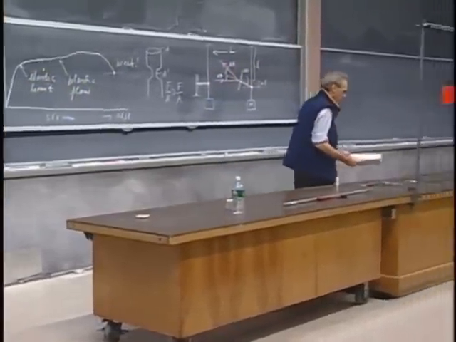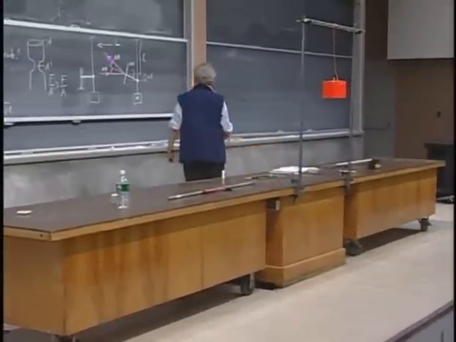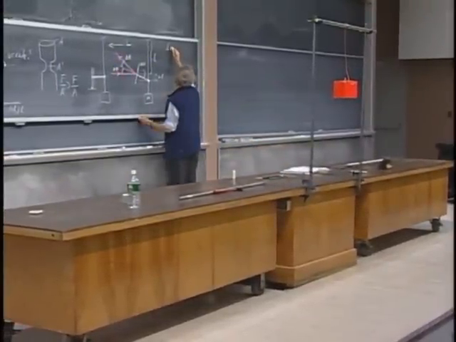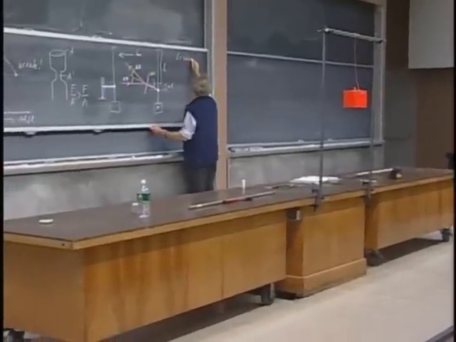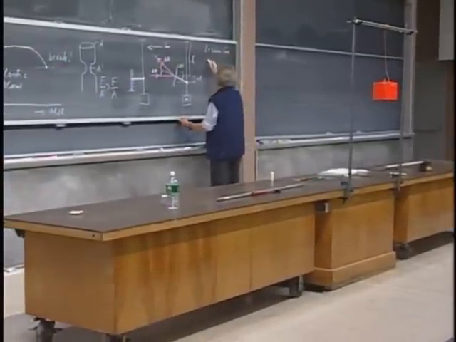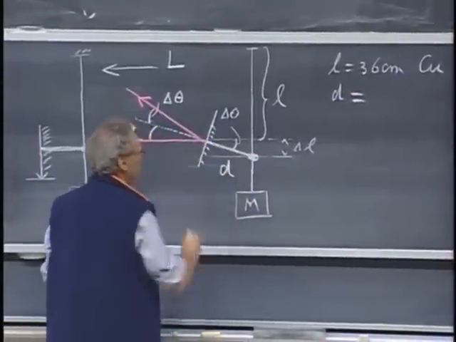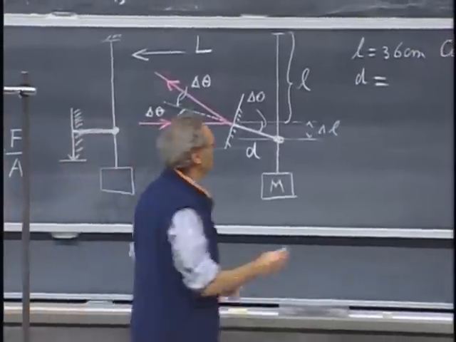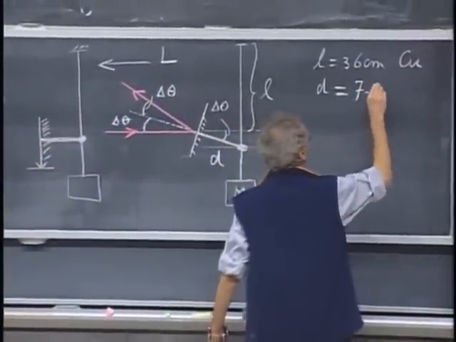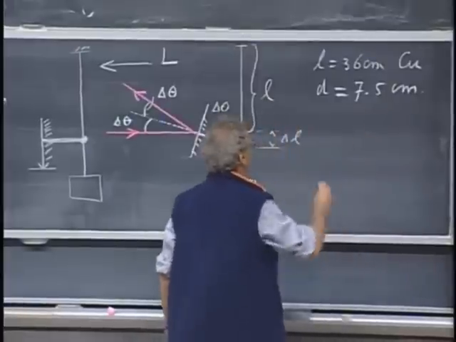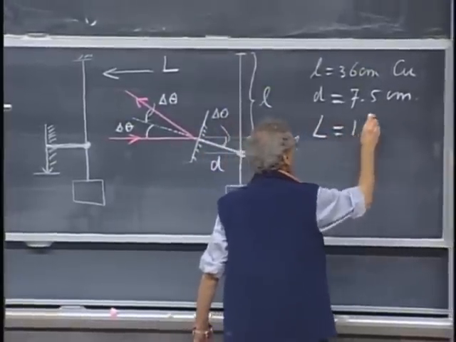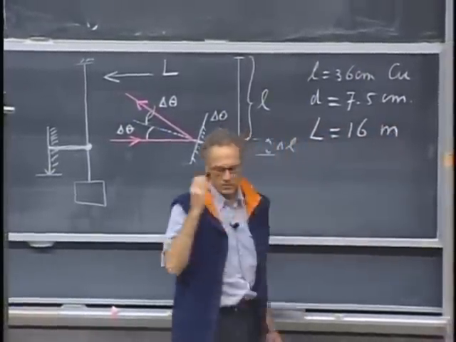Let me first give you the dimensions of this instrument. L is 36 centimeters. It is copper. This bar, which has length D, is 7.5 centimeters. The distance to the wall is about 16 meters.